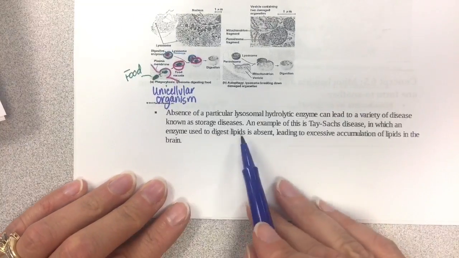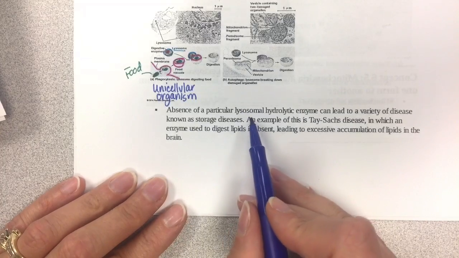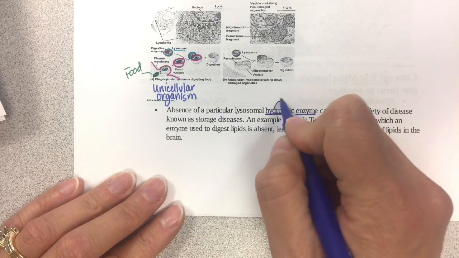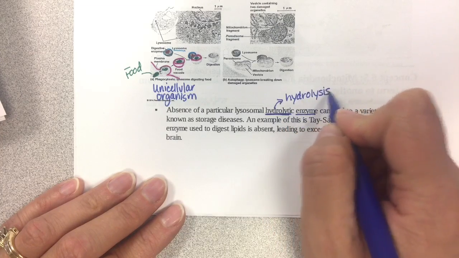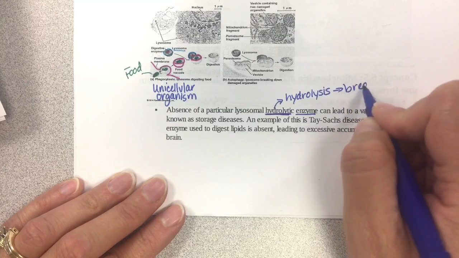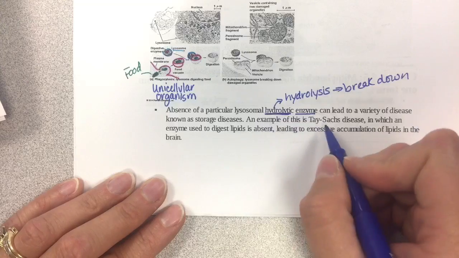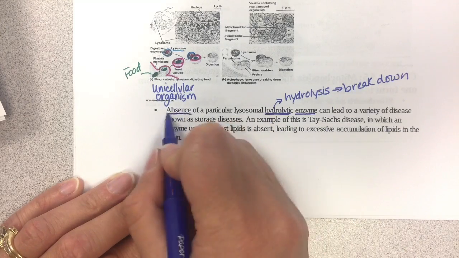A bad example of the lysosome gone awry is the absence of a particular lysosomal hydrolytic enzyme. Hydrolytic comes from hydrolysis, which, remember, is to add water, which means to break down molecules. So this enzyme is going to break this down, but there's an absence of that.